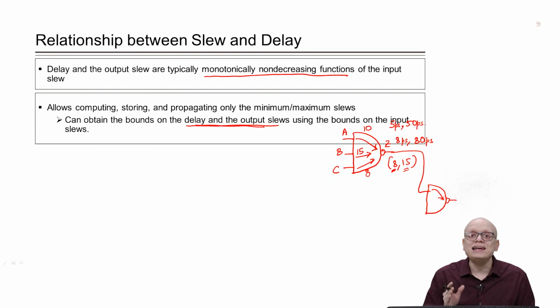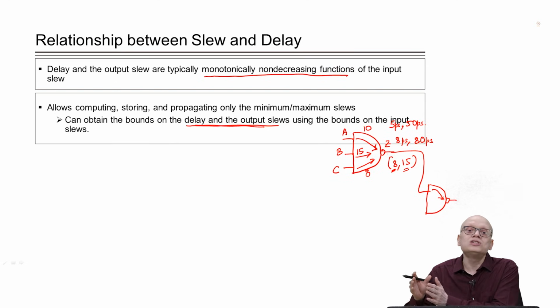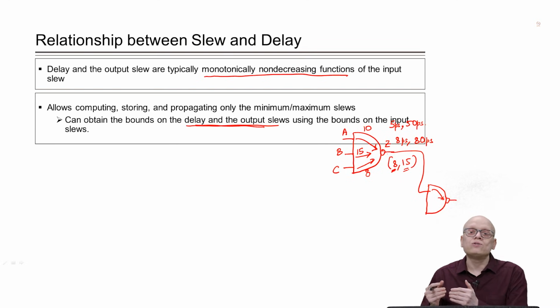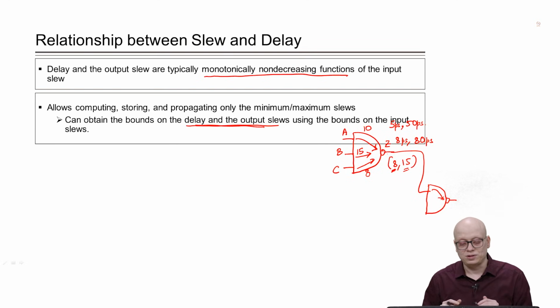We do not need the exact number, and in slew propagation we utilize this property of just keeping the bounds on the slews stored at the vertices and propagating the bounds, that is it. And by propagating the bounds, we will be able to derive the bound on the arrival time, and based on that we can derive whether our circuit is meeting the setup requirement and hold requirement and so on.